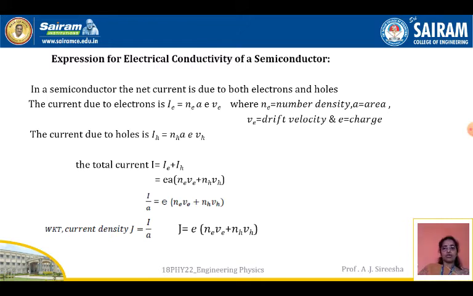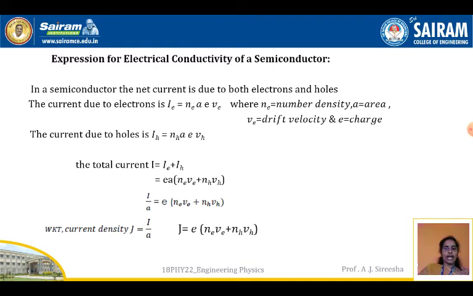The current due to holes Ih is equal to Nh A e Vh. Here Nh is the number of holes. The total current I is equal to Ie plus Ih. So taking the equations for Ie and Ih and adding them, I equals eA into Ne Ve plus Nh Vh.